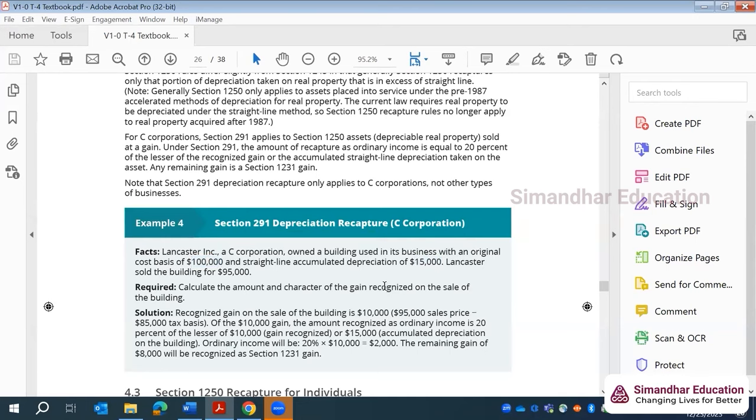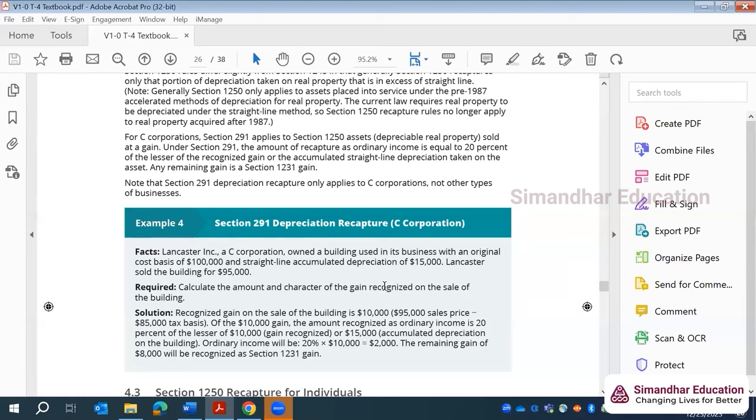What is your adjusted basis in the building? Adjusted basis, I've been reiterating this again and again. That means you have adjusted the basis for either appreciation or depreciation, right? Your adjusted basis after you've taken the depreciation is $85,000. Lancaster sold the building for $95,000.